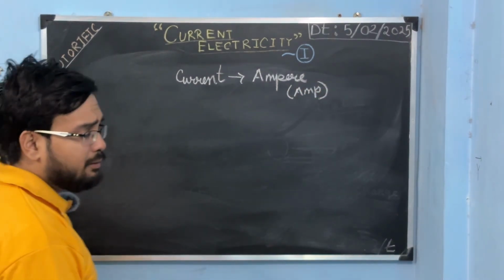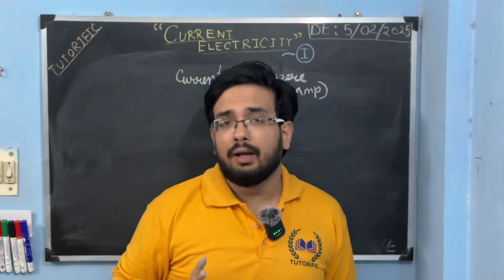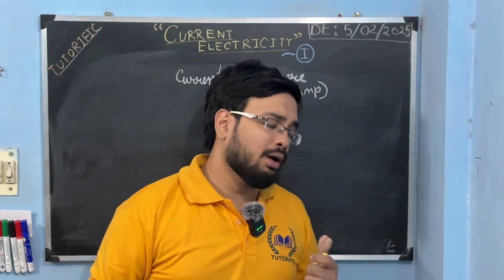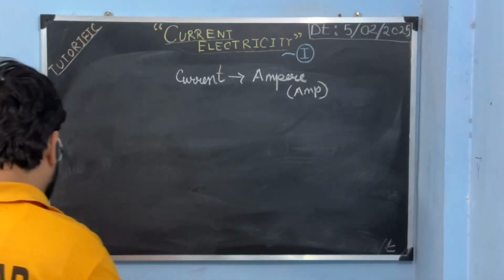Now, previously we had quantified or mathematically defined 1 coulomb of charge, and now we will be defining 1 ampere of electric current.